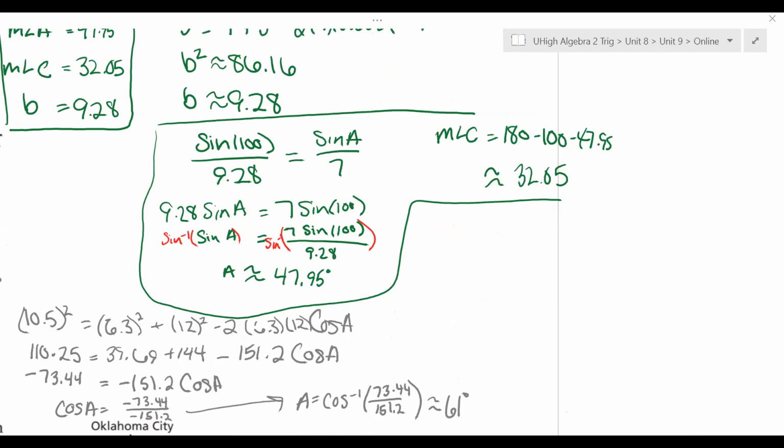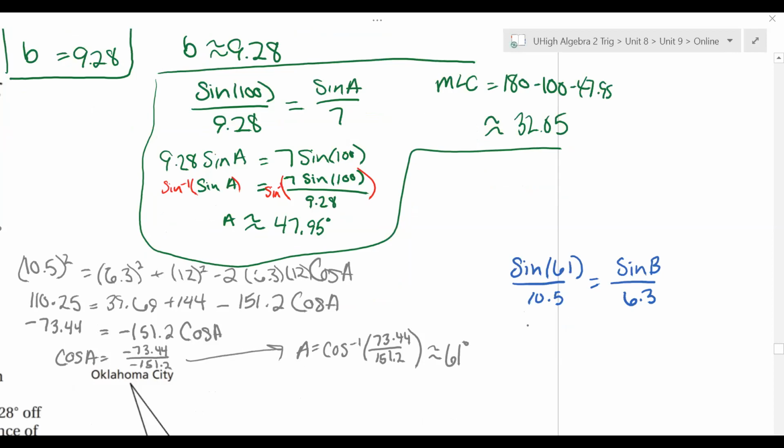of sines. So I can solve for angle B by doing that the sine of A over A equals the sine of B over B. Do my cross products. So 10.5 times the sine of B equals 6.3 times the sine of 61.